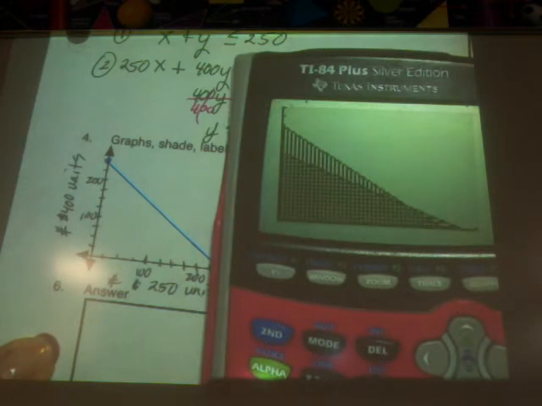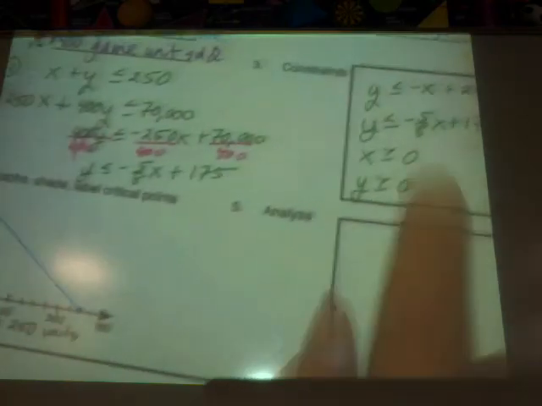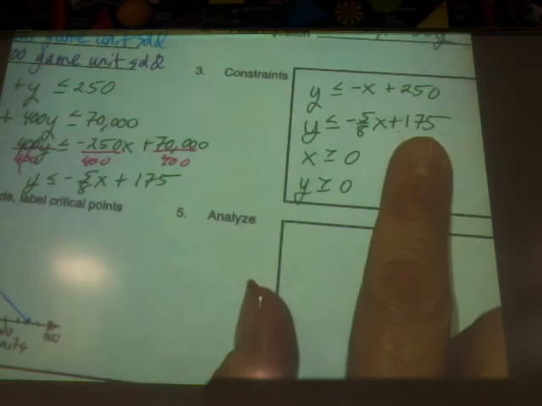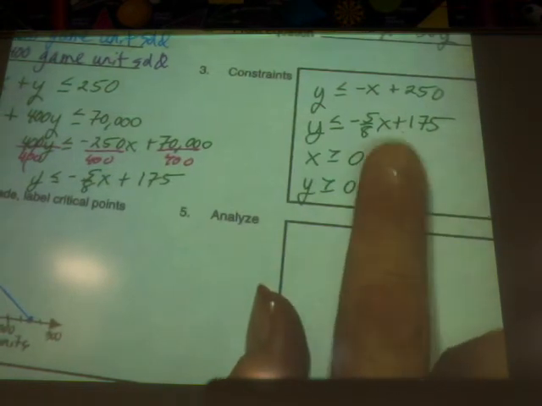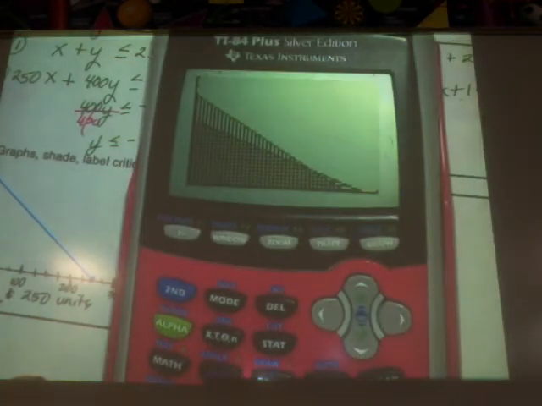And then I have another line here, this one. If you go and you look at here, won't the y-intercept be at 175? Right? And then I have to figure out what the x-intercept is. So if you want to kind of estimate what that x-intercept is, trace it right here.